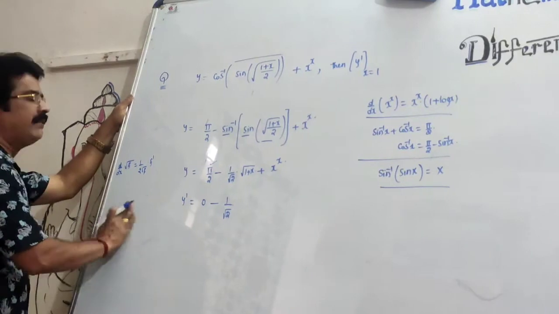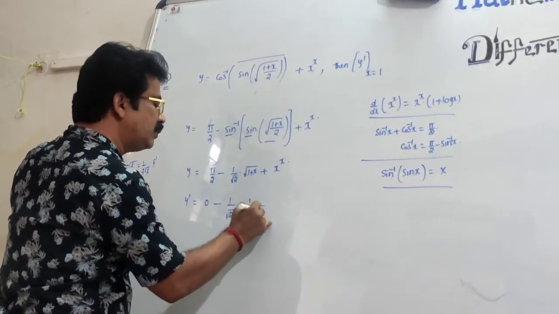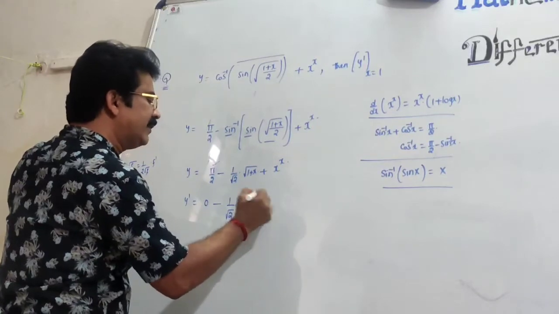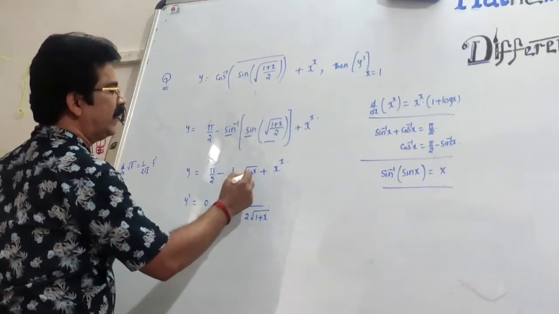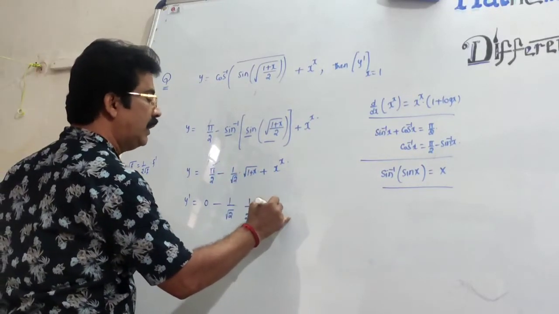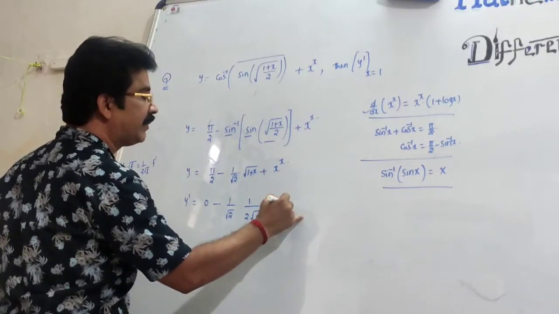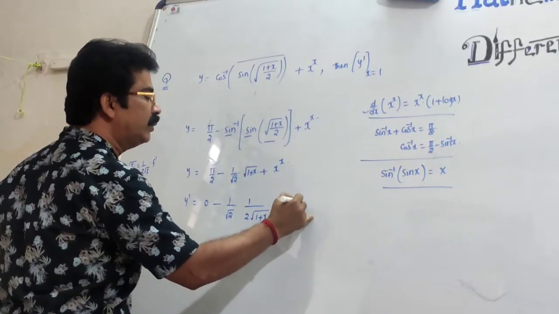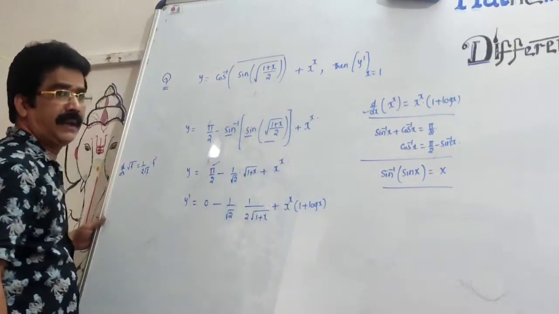So 1 divided by 2 into root of (1 plus x) into d by dx of (1 plus x). D by dx of 1 is 0, d by dx of x is 1, so 1 itself. The derivative of x to the power of x I already said. Please learn this formula by heart: x power x into (1 plus log x).